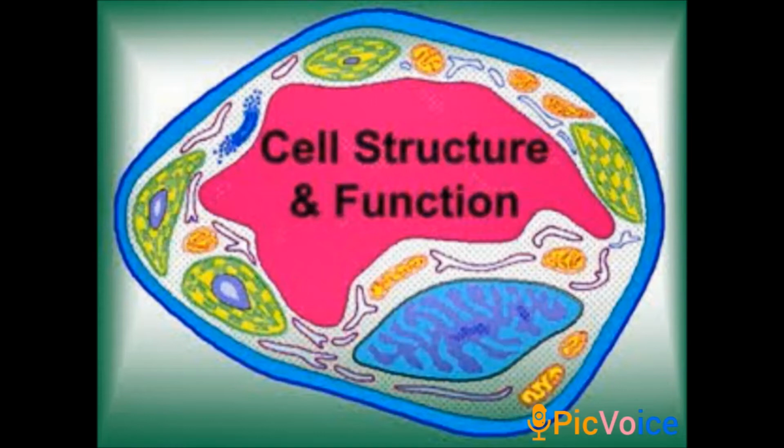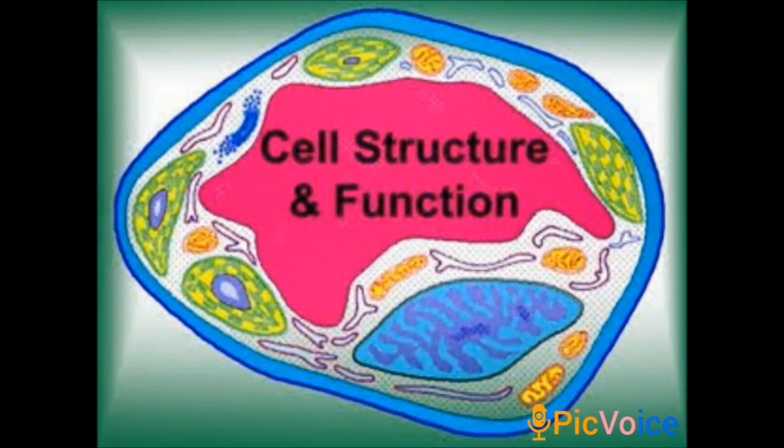In this lesson, first we are going to learn a brief introduction about the cell, and then the discovery of the cell, number of cells, size of cells, and then shape of the cells, followed by cell structure and functions, and then parts of the cell.